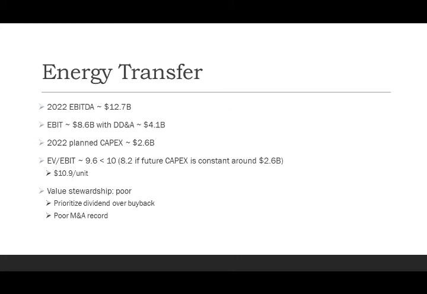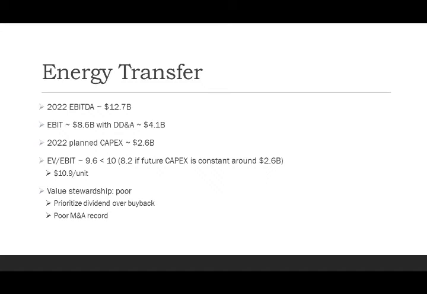Next is Energy Transfer. So this is a bit more complicated. We'll start from an EBITDA estimate of $12.7 billion based on its guidance for this year. Its EBIT is about $8.6 billion with DD&A about $4.1 billion. However, if we look at its planned capex, it's only $2.6 billion, less than the DD&A.